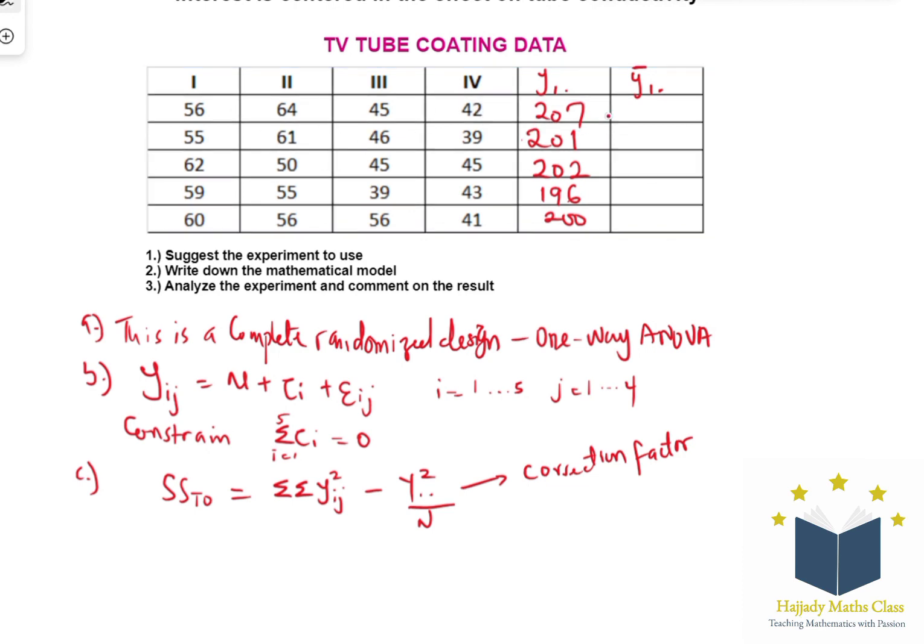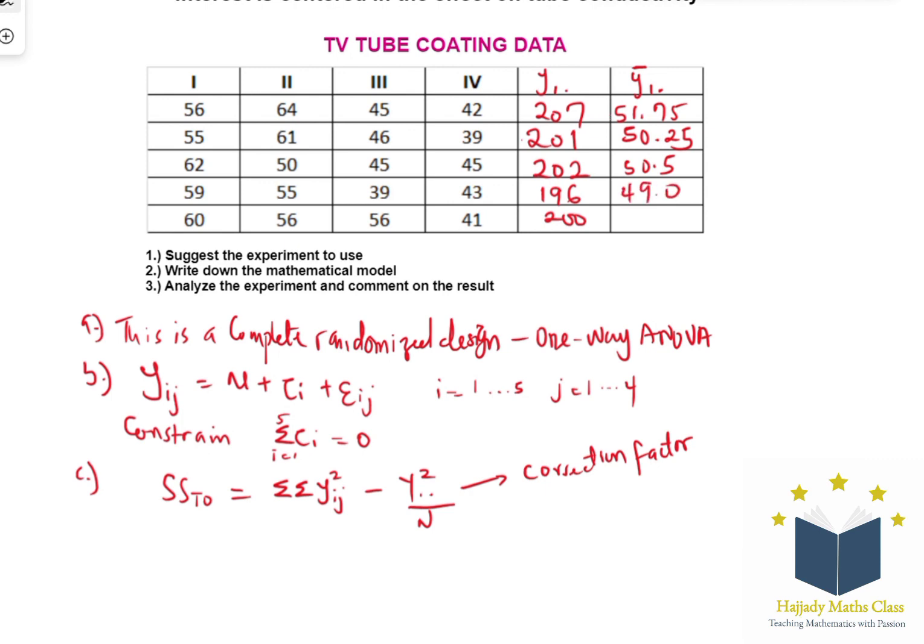So 207 divided by 4 gives 51.75. 201 divided by 4 gives 50.25. 202 divided by 4 gives 50.5. 196 over 4 gives 49.0.